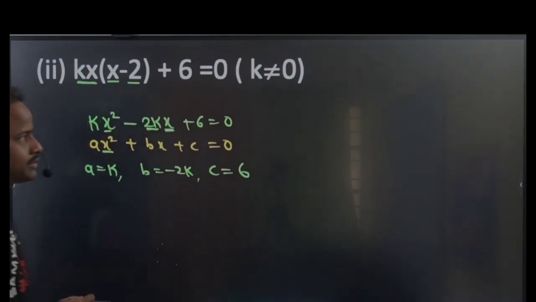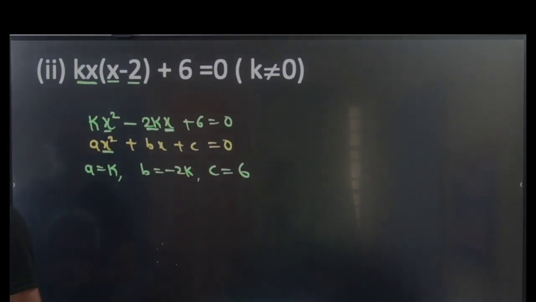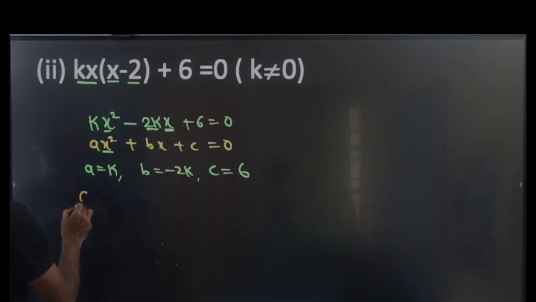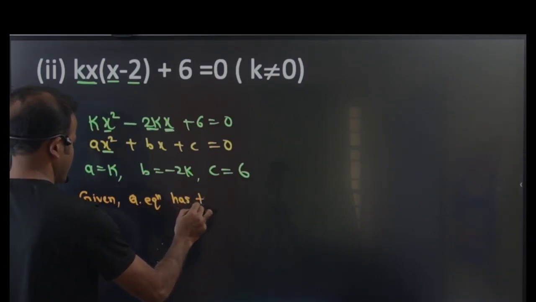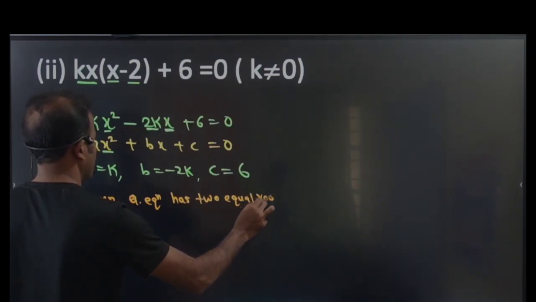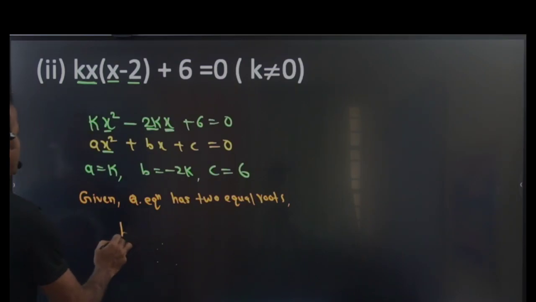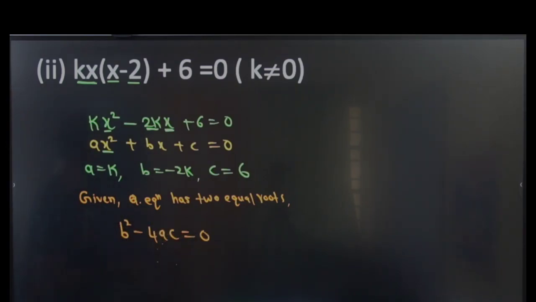Already in the question they have given that the given expression has two equal roots. Okay, this given quadratic equation has two equal roots. Then b square minus 4ac value becomes 0.